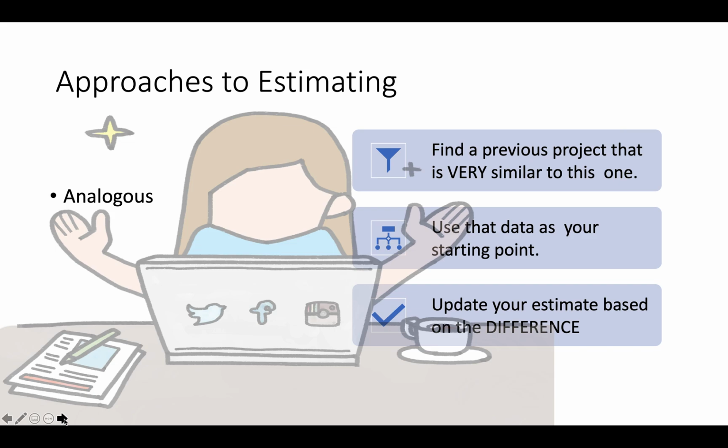When we talk about using an analogous approach, you're probably familiar with the term analogy. An analogy is when we say this thing is like that thing. We use it sometimes in storytelling or to help make points. In estimating, analogous means we find a project that's very similar and we use that as our starting point.